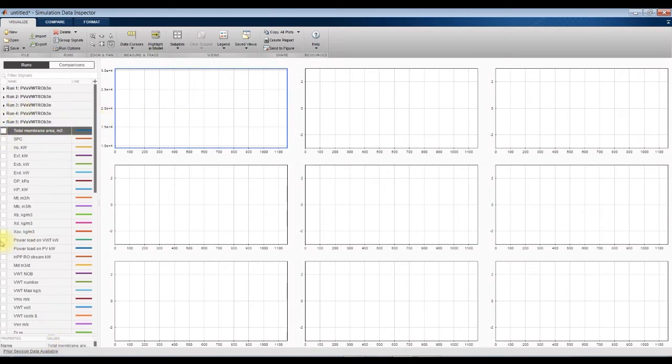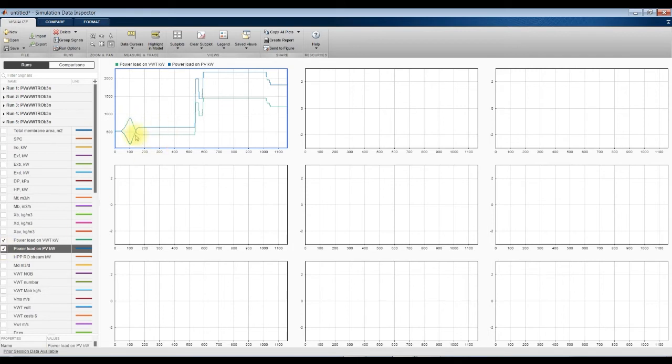Let's go for power load on photovoltaics, and this is some change of solar radiation and decreasing and increasing of the load variation. And this is load on photovoltaics.